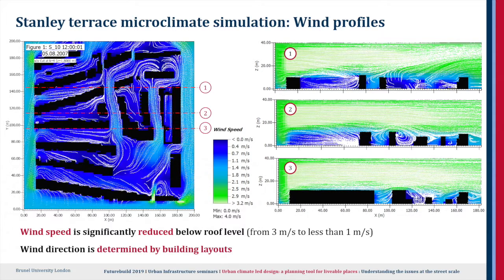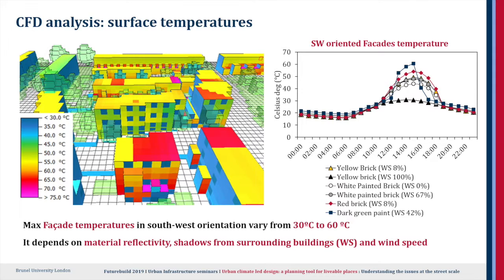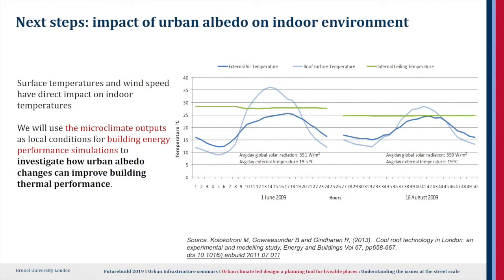So this means that the potential of natural ventilation of these buildings is very variable and different. On the other hand, the temperature of the surfaces is also very variable, with maximum temperatures that vary between 30 degrees and 60 degrees, depending again on the combination of solar access and material properties. So we need to study the two aspects together in order to see how they affect the surface temperatures.